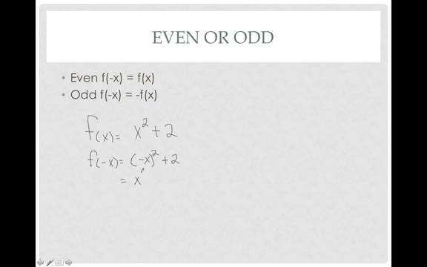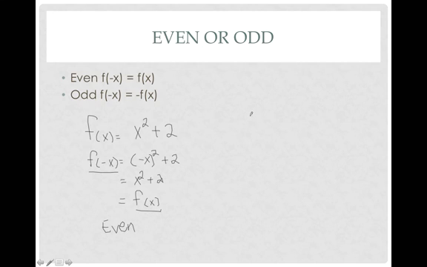If I square a negative, I get positive. So I get x squared plus 2. And then I look at that and I go, hey, this x squared plus 2 is exactly what I started with, and therefore that's my original function f of x. So that means that f of negative x is equal to f of x, and therefore, even.